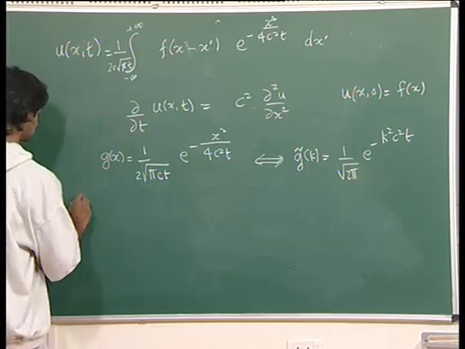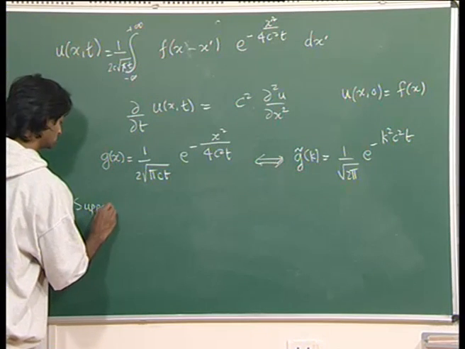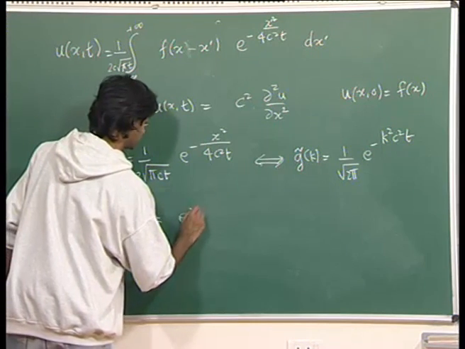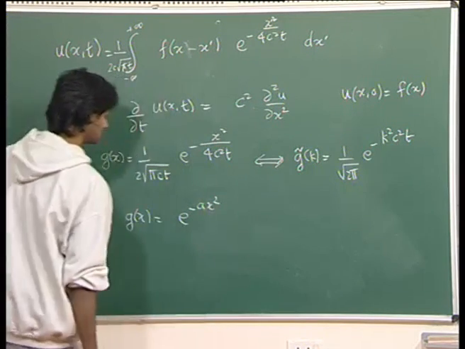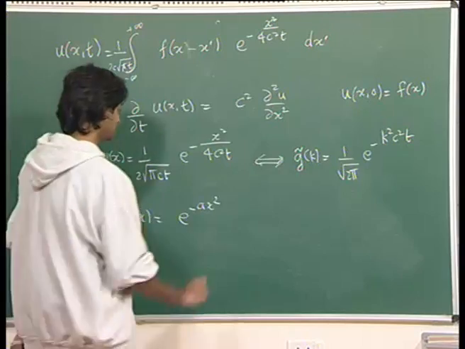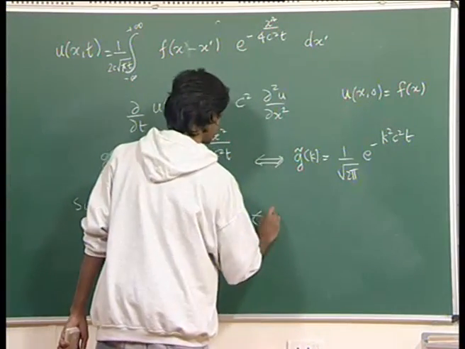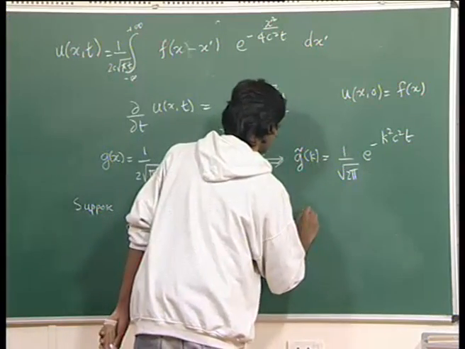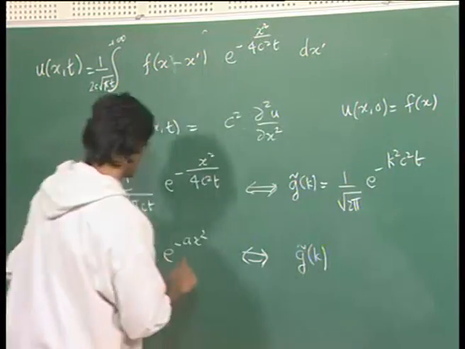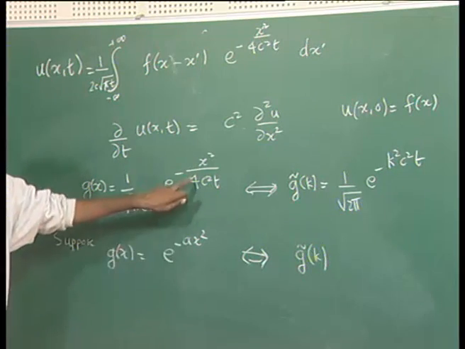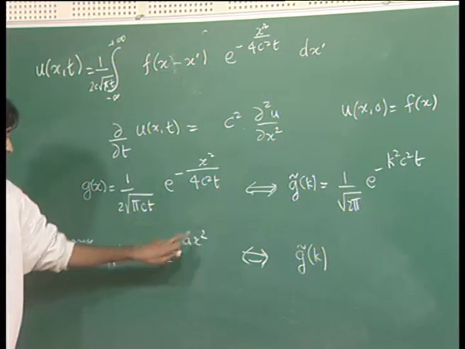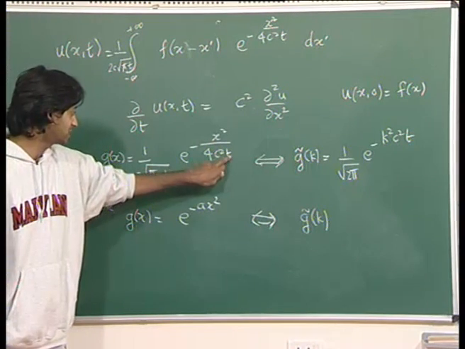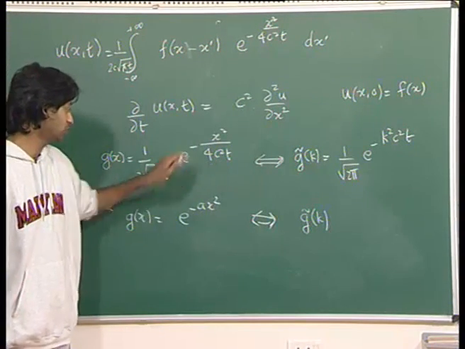So suppose g of x is equal to e to the minus a x square. Okay. Then you can immediately see, you can just compare the terms, and you can say what g tilde of k is. So instead of 1 over 4 c square t, I had a. So wherever I have c square t, I replace it by 1 over 4 a.